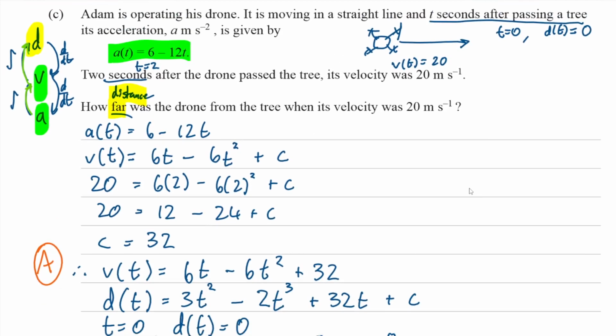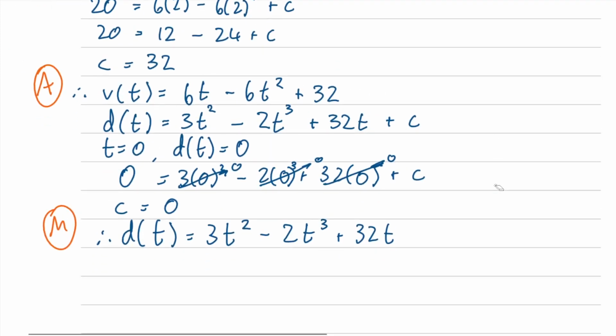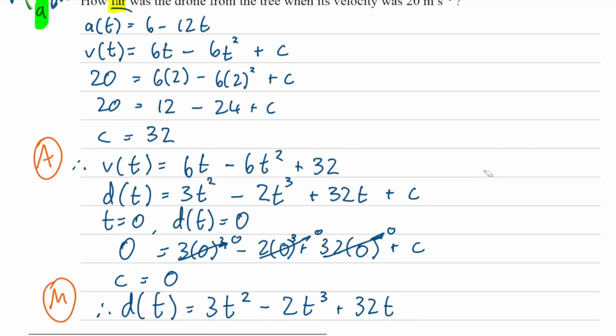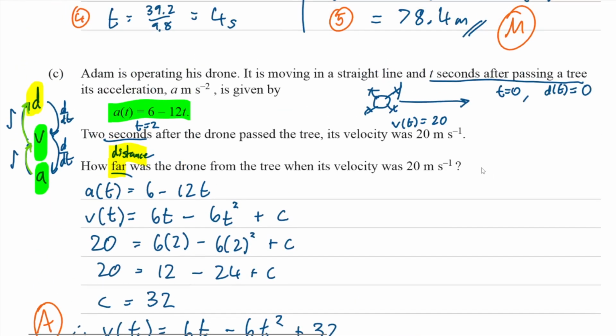We're looking for a distance, remember? When its velocity was 20. So we worked out the distance equation, but to find a distance, we need to input a time. But the question says when velocity is 20.